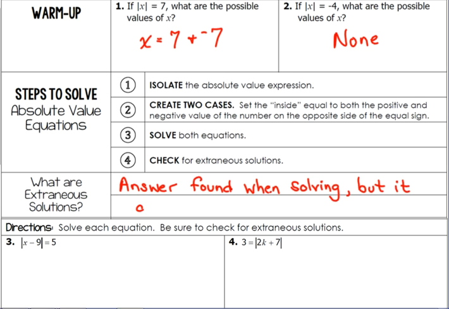It doesn't work when you plug it back in. So that's going to happen sometimes with these. We're going to get an answer, but when we plug it back in to check it, it's not going to work out. The left side is not going to equal the right side. So we're going to throw it out.